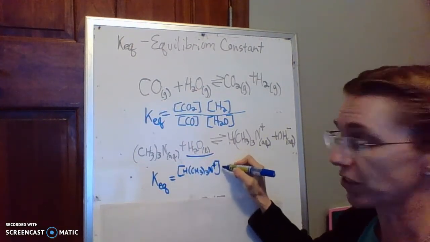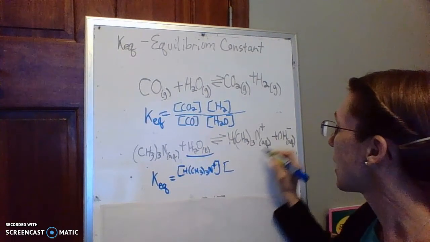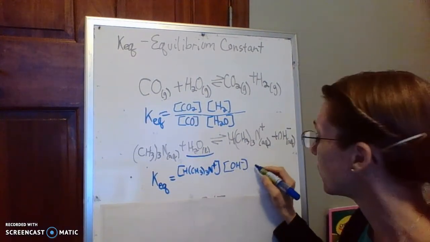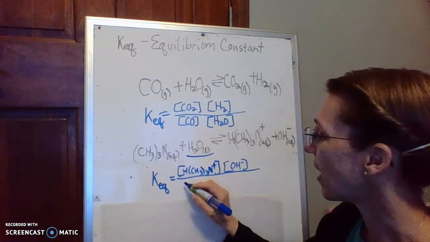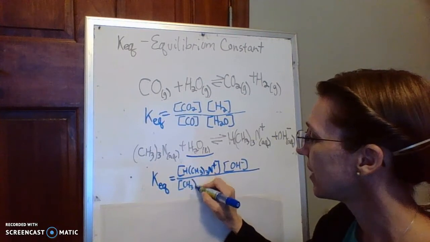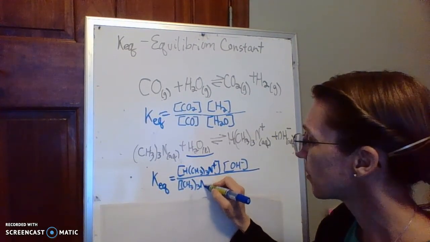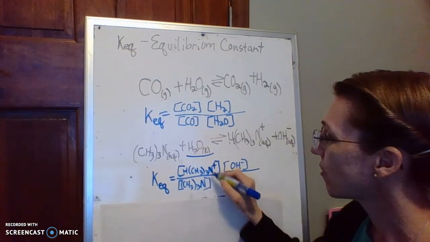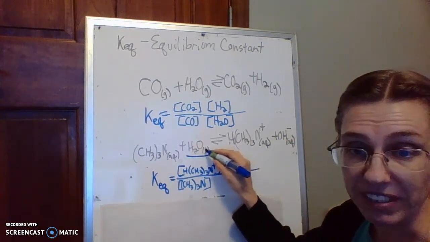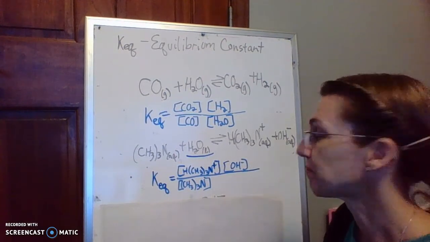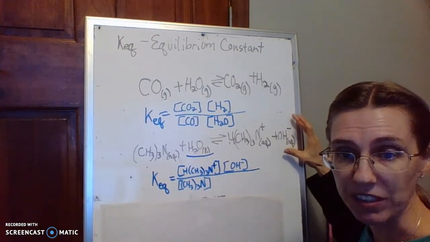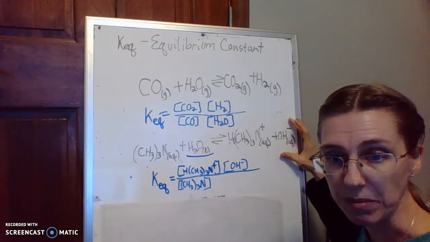Raised to the power of its coefficient, which is 1, times the hydroxide concentration, raised to the power of its coefficient, which is 1, divided by the concentration of this reactant, CH3 with a subscript of 3 and an N, raised to the power of its coefficient, which is a 1, and that's it because we leave this guy out. Okay, so this would be the Keq for this particular reversible reaction at equilibrium.